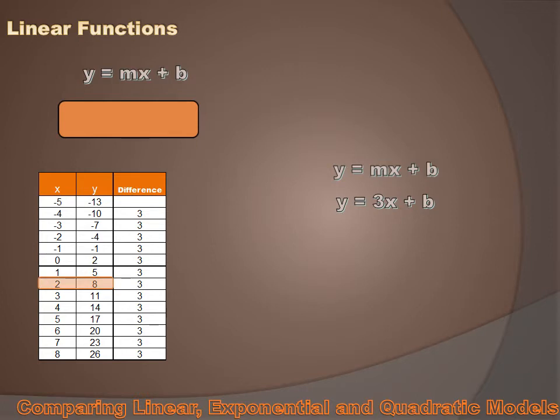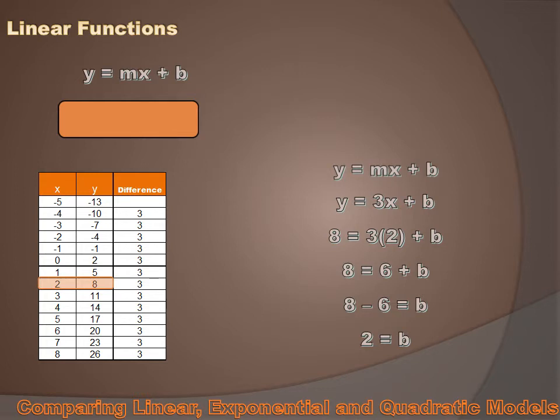Why don't we use 2 and 8, because it probably is going to be easy. An x value of 2 and a y value of 8 could be substituted into this equation, and then we could solve it for b. 8 equals 3 times 2 plus b, 8 equals 6 plus b, 8 minus 6 equals b, and b equals 2.